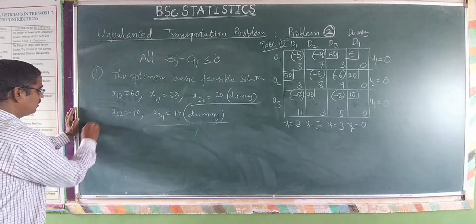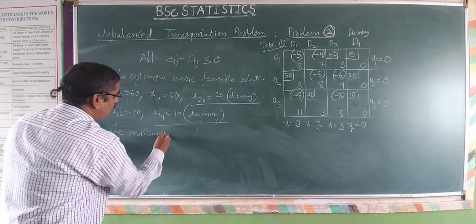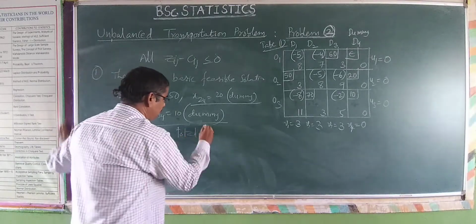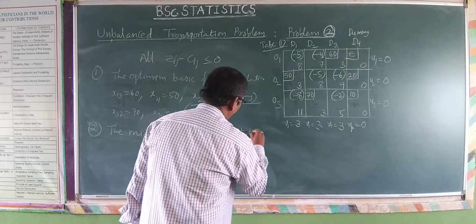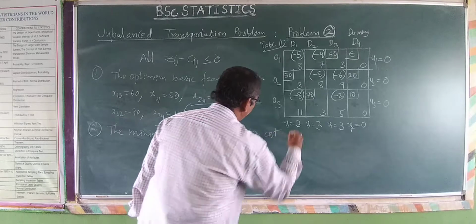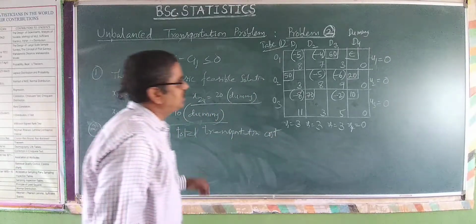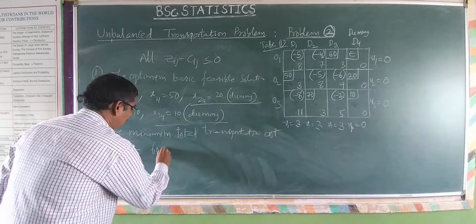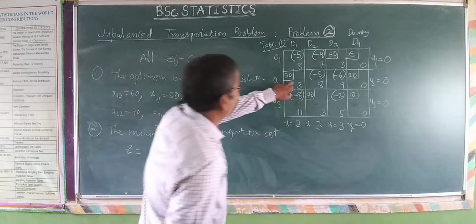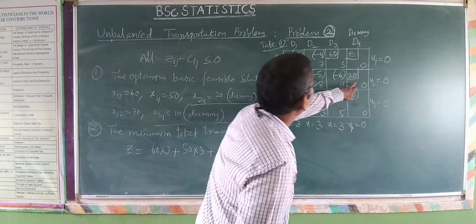So the next one, the minimum total transportation cost. Z is equal to the double summation of Xij times Cij. Xij are 60 into 3 plus 50 into 3 plus 20 into 0.